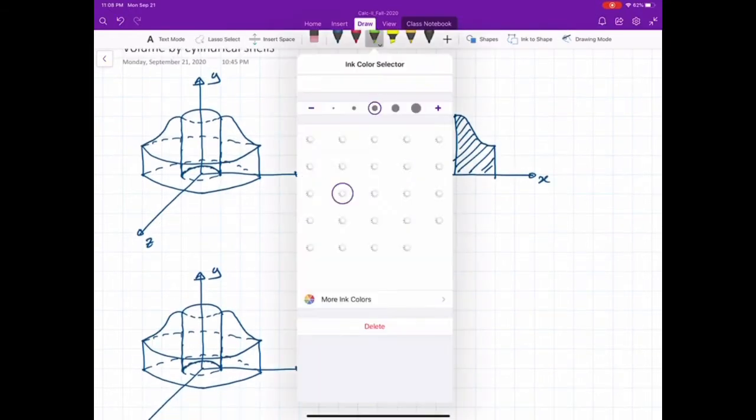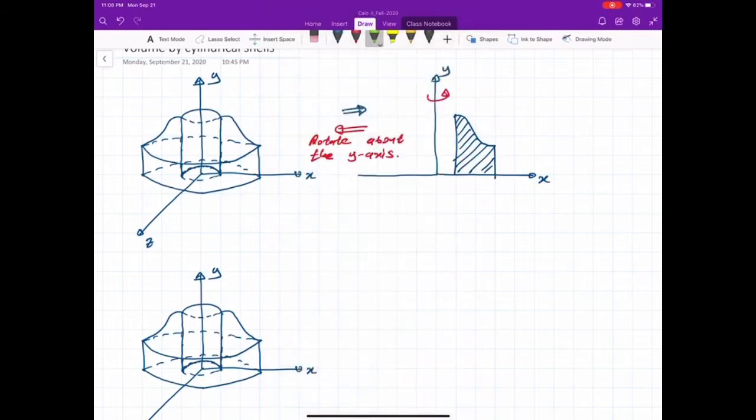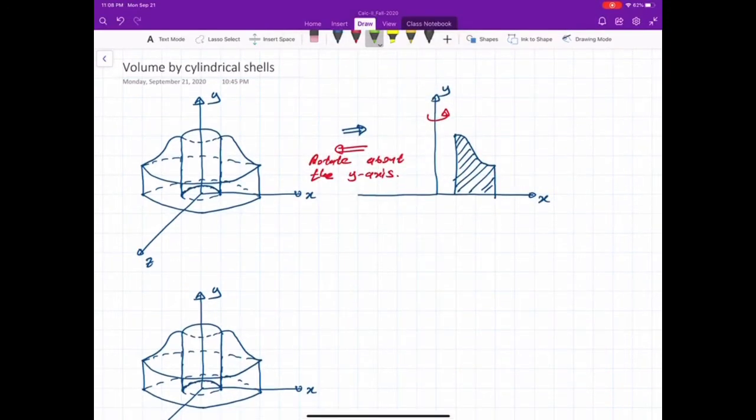Let me mark here. We learned this in the previous class. That's mostly the washer method.